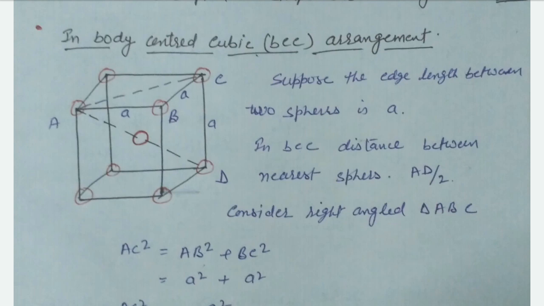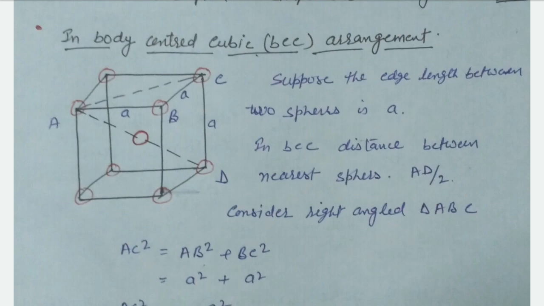In BCC the nearest spheres are A and D. They form a right angle, ACD.